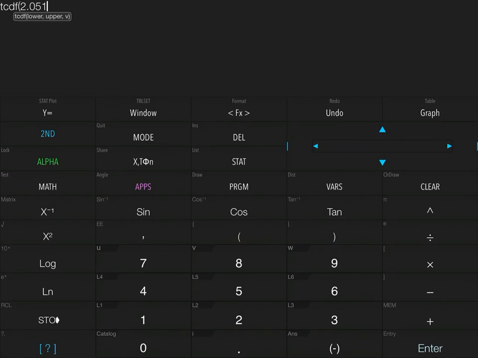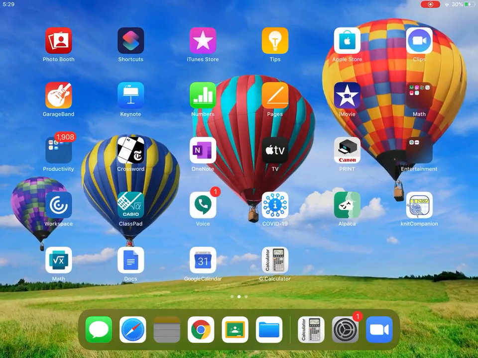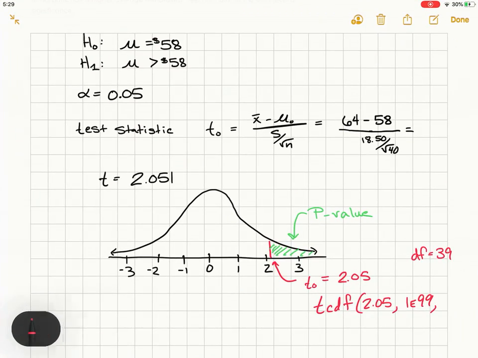Lower 2.051, upper, in our case it's 1E99, and our degrees of freedom, comma, 39, enter. So we get our p-value at 0.0235. So this has an area of 0.0235.